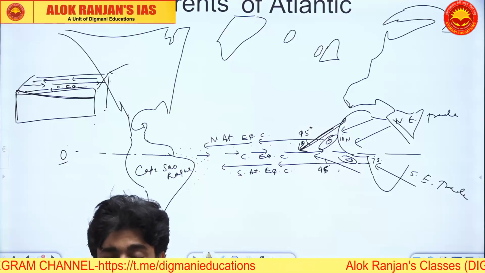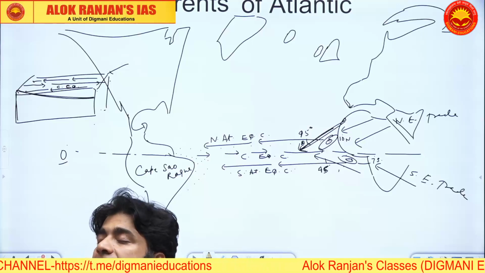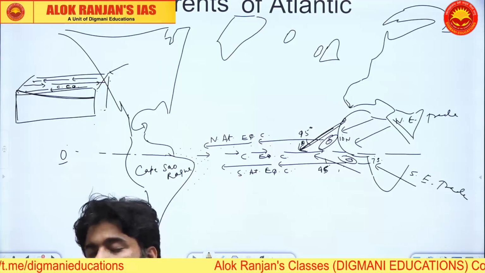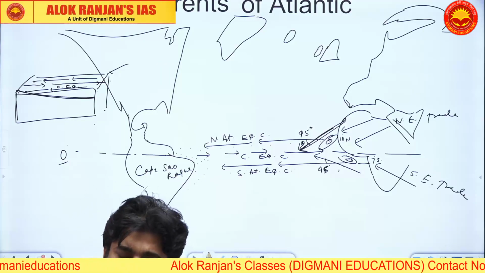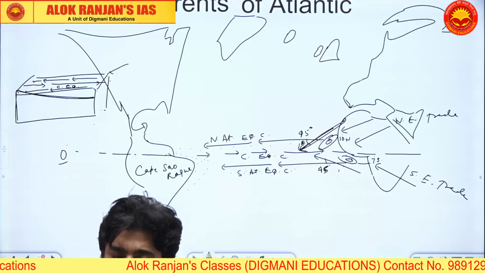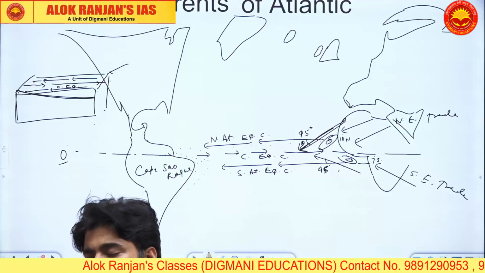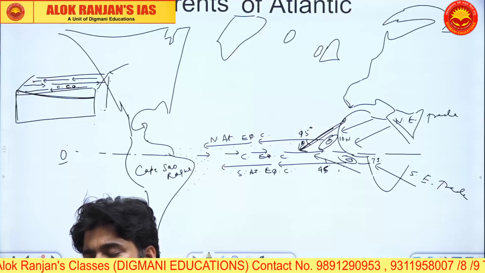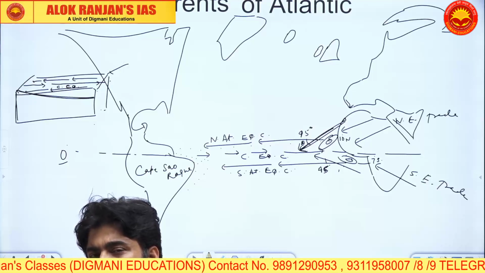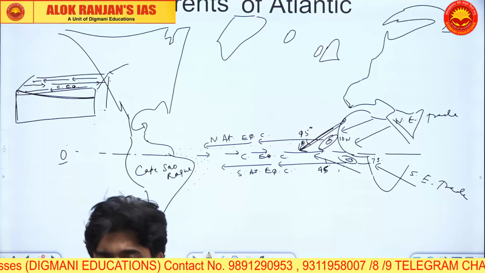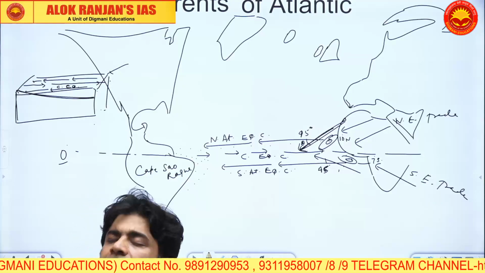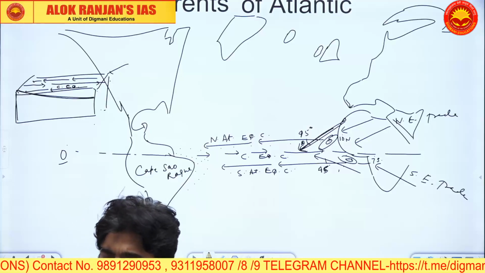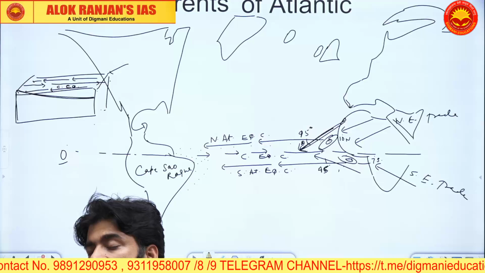Most important fishing grounds of the world because A, it moderates the temperature and salinity. Cold upwelling, it moderates the temperature conditions and the salinity conditions. B, it brings nutrients from below.